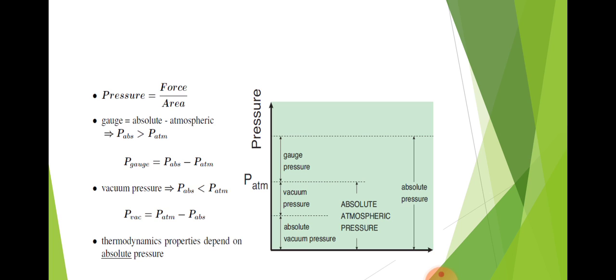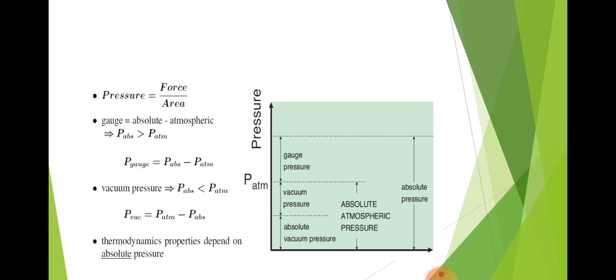Once again I tell you, the absolute pressure of the gas in the vessel or a pipeline is the sum of atmospheric pressure and the manometer reading, means the height of the mercury, the difference between the mercury levels in the two limbs of the U-tube manometer.